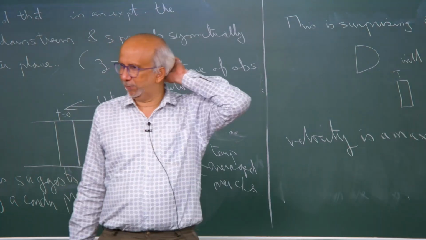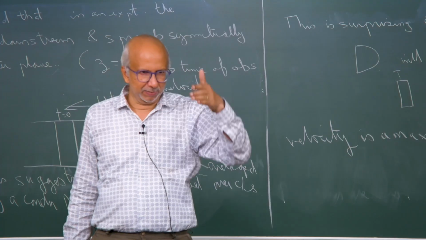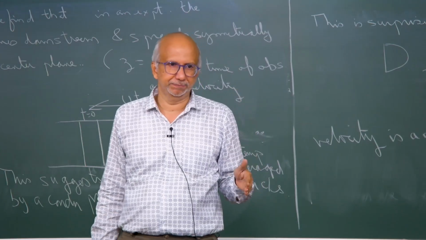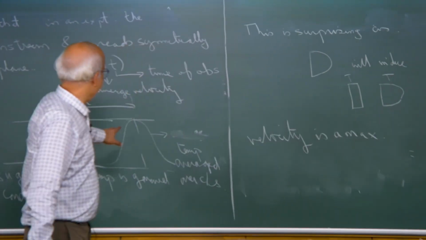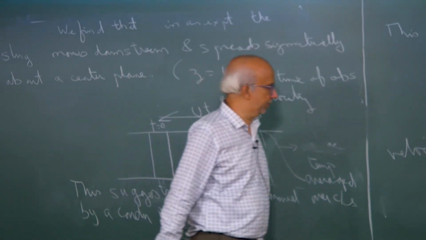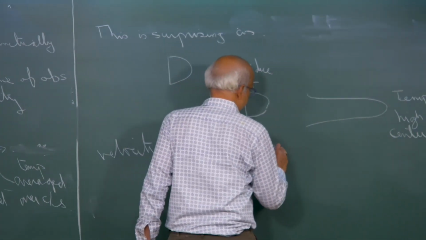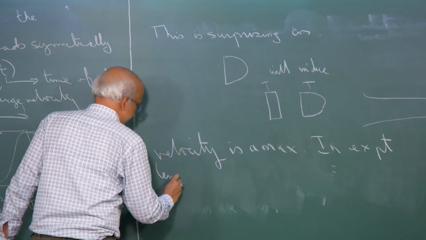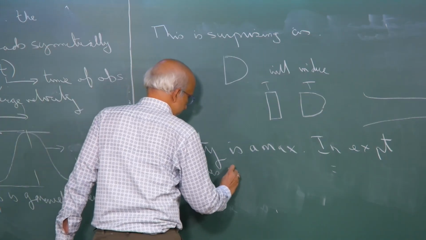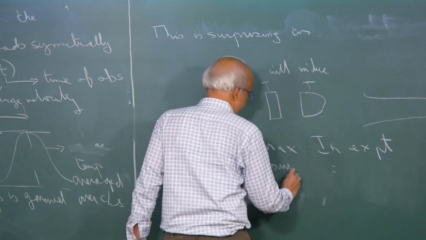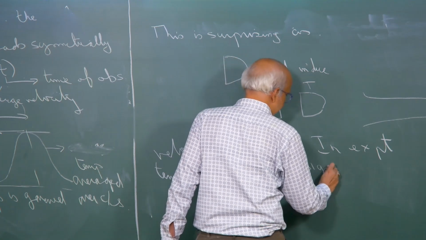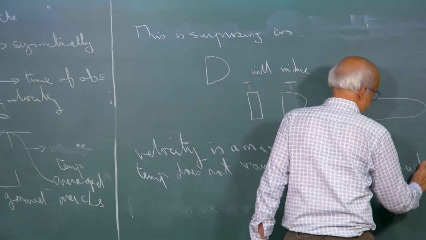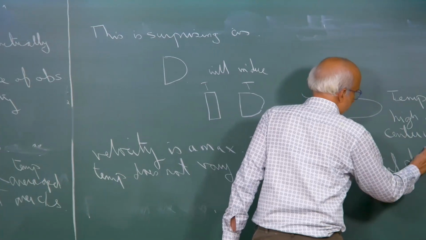But in the actual experiment, what you see is that the temperature does not vary significantly in the radial direction. I spoke about how the average temperature varies in the axial direction, but in the experiment, the temperature does not vary significantly in the radial direction.